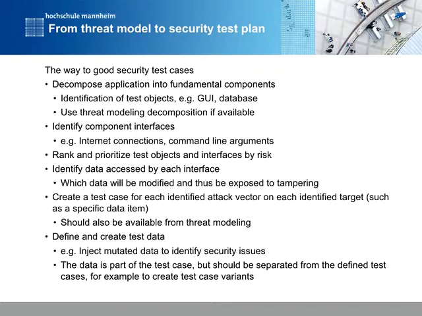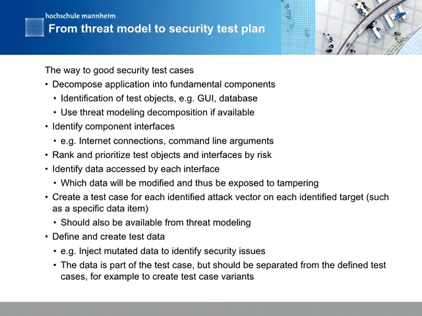How to come to good security test cases: you could decompose the application into fundamental components. You can identify component interfaces, and every interface could be tested. You could identify the data which is accessed by each interface. This relates to the data flow diagrams we had earlier in the threat modeling. You could also use data flow analysis for code analysis. It's done by some of the vendors as well. For example, for SAP, there's Virtual Forge, a company out of Heidelberg that does data flow analysis in code.